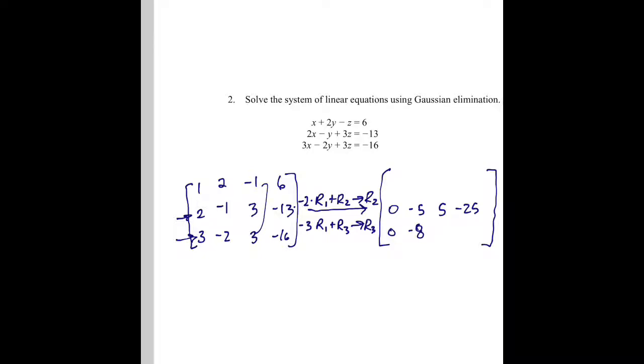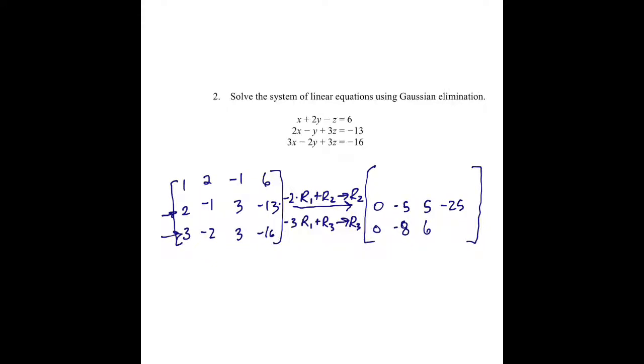And then 3 plus negative 1 times negative 3, that's 3 plus 3, which is 6. And then negative 16 plus 6 times negative 3, so that's negative 16 plus negative 18. It's negative 34.